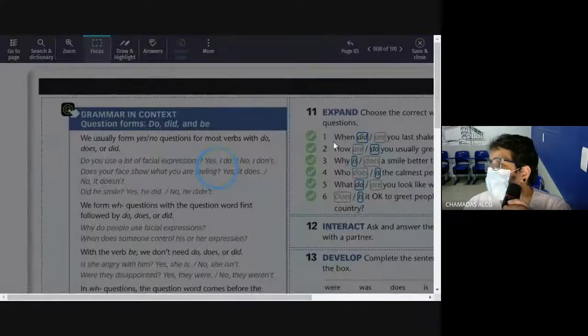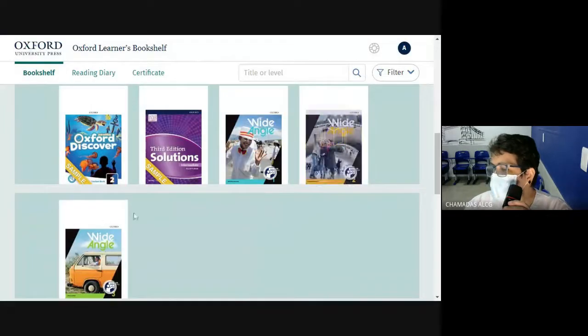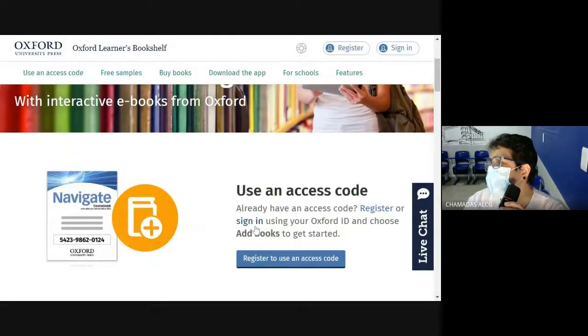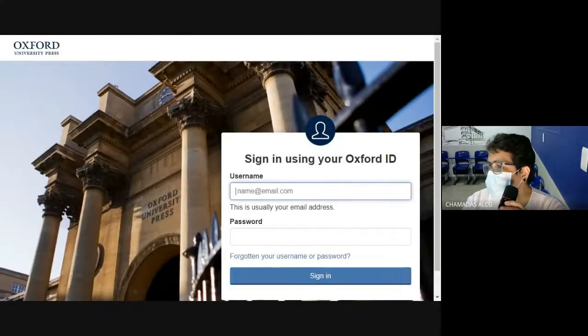All right, people. Oops, what have I done? Ooh, I closed the book accidentally. I'm sorry. Let me open it up again. Sorry, guys. We're almost done. Just a moment.